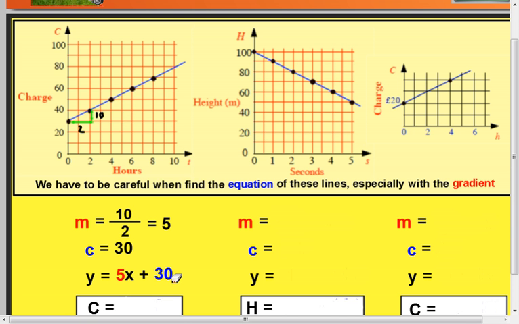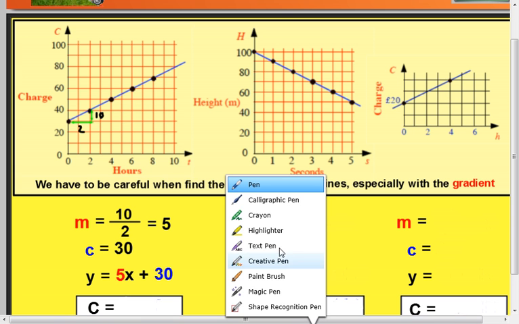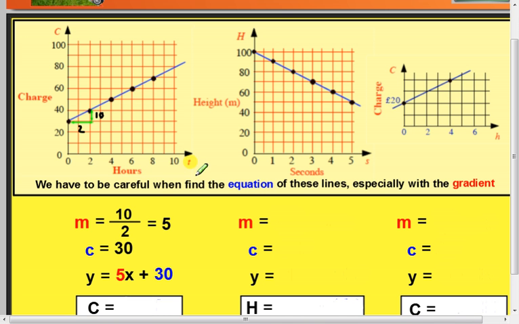Now the last thing we have to do here is, because the equation of the line is not in terms of y and x, you can see the x-axis has actually got a t next to it. Here, so that's the x-axis, and the y-axis has got a c.